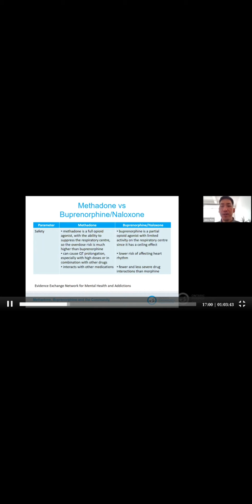So all things being equal, when we look at the guidelines, specifically the CRISM Canadian guidelines, they do recommend buprenorphine naloxone as the first line option versus methadone due to its higher safety profile.